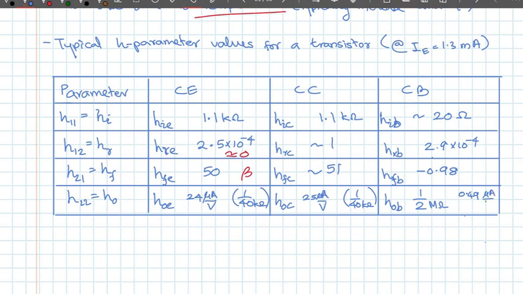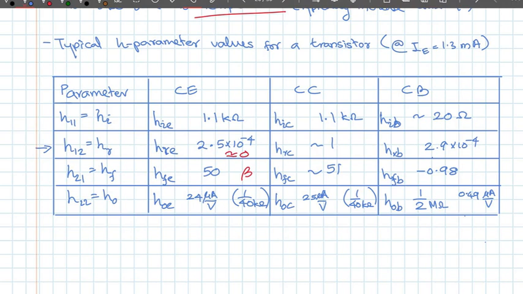Now, if you remember the amplifier section that we talked about, we had a similar table, except that we did not have this line, right? We had input impedance, the current gain, and we had output impedance.